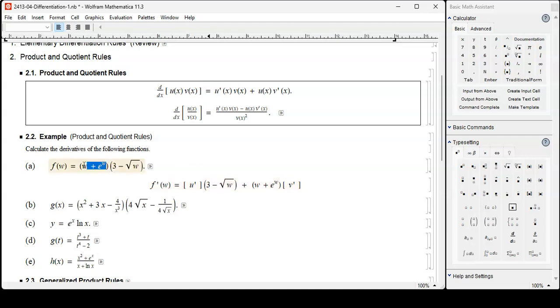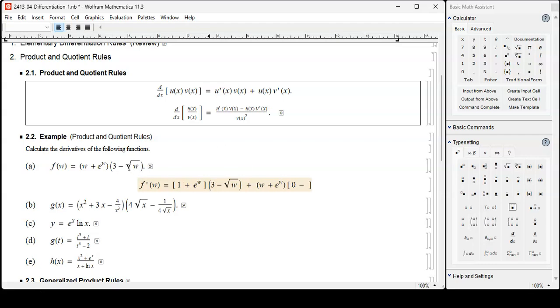The derivative of the first function, okay, let's work it out. Derivative of w is just 1, and the exponential always stays the same, and that completes the derivative of the first function. Now, the derivative of the second function here: 3 is a constant, so it goes to 0.